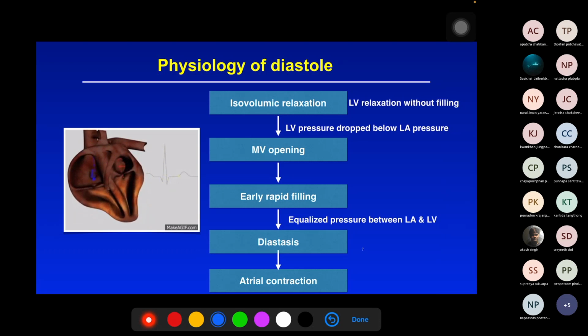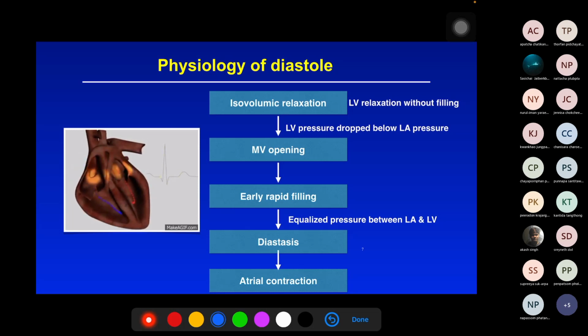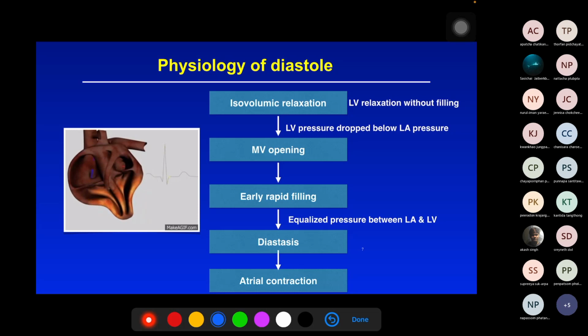Okay, the physiology of the diastole is quite different from the systole. The diastole is divided into 4 phases. The first one is the IVRT, the isovolumetric relaxation. What about the IVRT? After finishing the systole, the mitral valve, the aortic valve and pulmonic valve are closed.